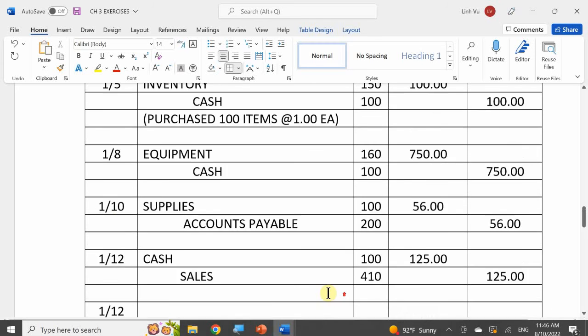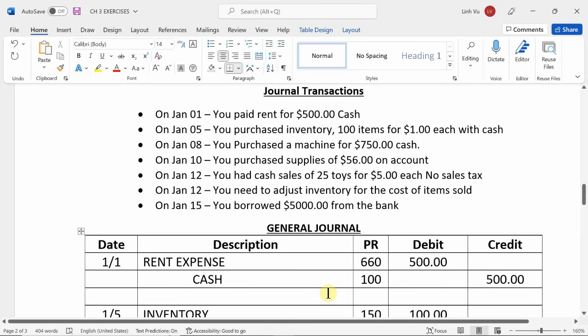So then, now that I recognize that I sold something, here on January 12th, the very same day, it now says that you need to adjust your inventory for the cost of the items that you sold. Okay? So in this case, I have to adjust my inventory.